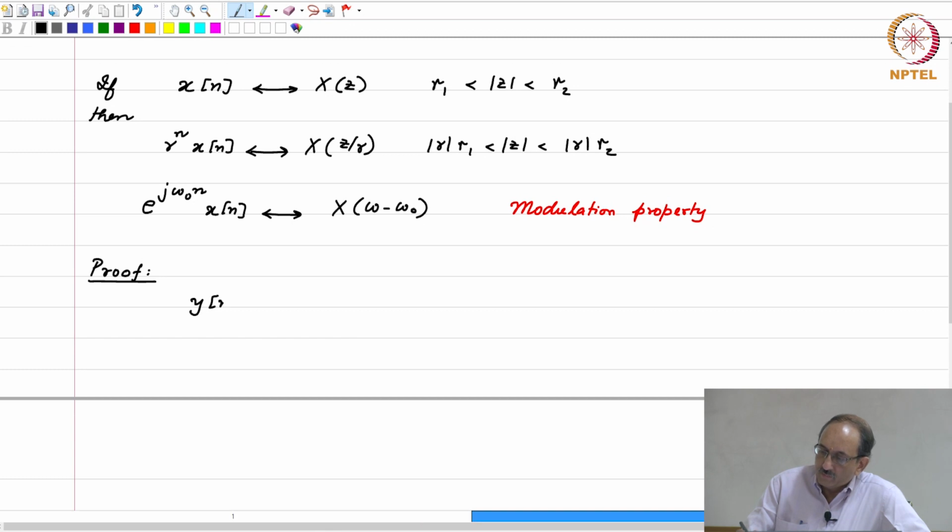So, we are looking at the Z transform of y of n, which is nothing but gamma to the n x of n.